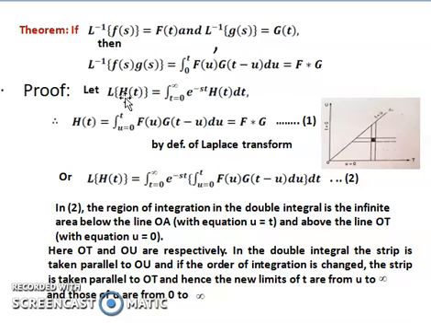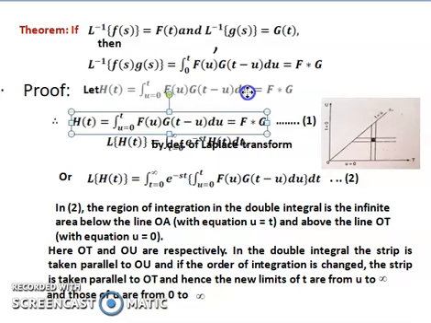Let us suppose that h(t) equals the integration over 0 to t of f(u) g(t minus u) du, this is h(t) actually, equation number 1.